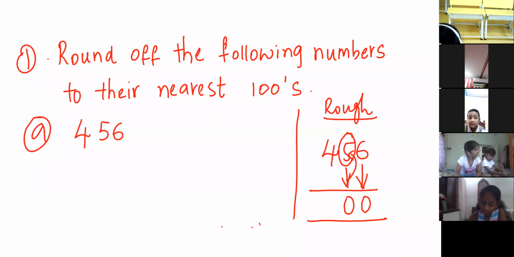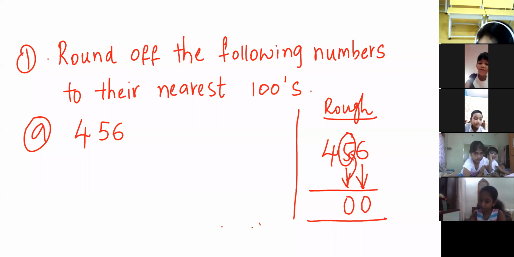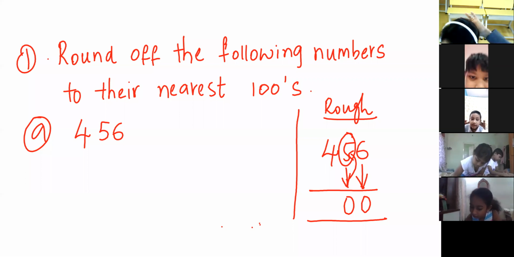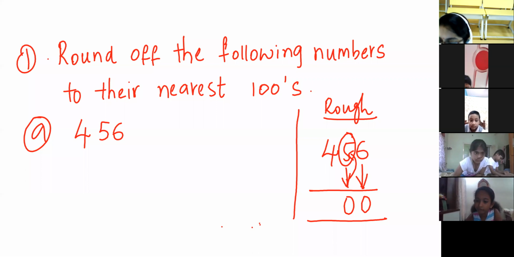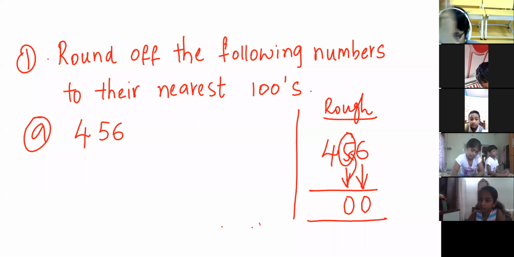Now, what is the number in the tens place? 5. Right. Tell me whether that number 5 is greater than 4 or less than 4? Greater than 4. Then what is the thing you have to do next? For greater than 4, we need to add 1. Very good. I'm giving a big clap to you.